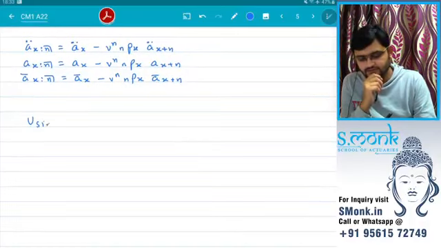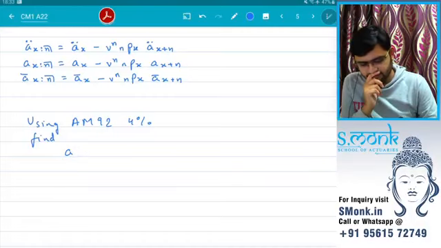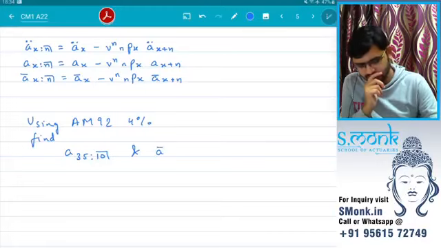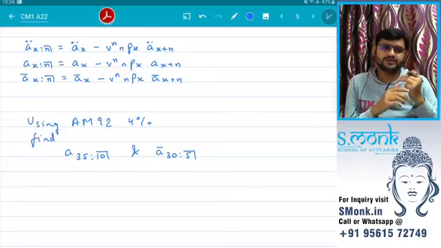Let's say using AM92 4%, let's find these two values.